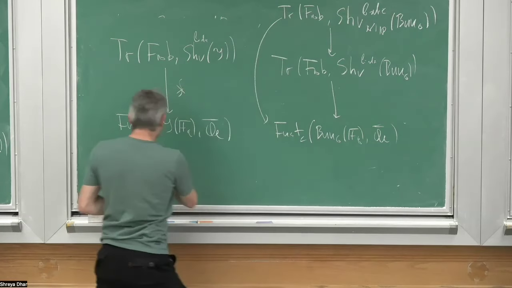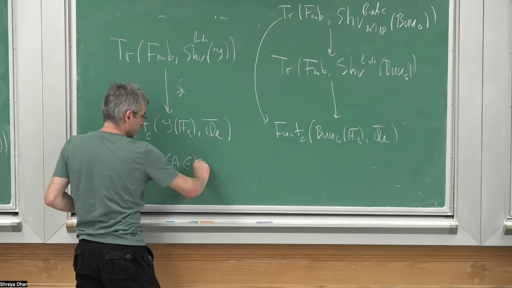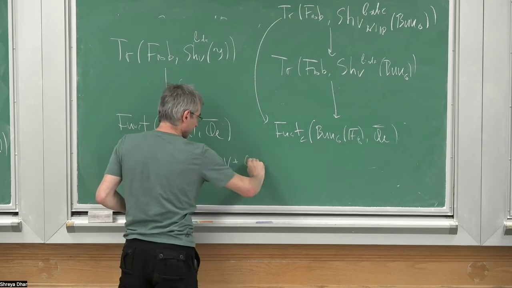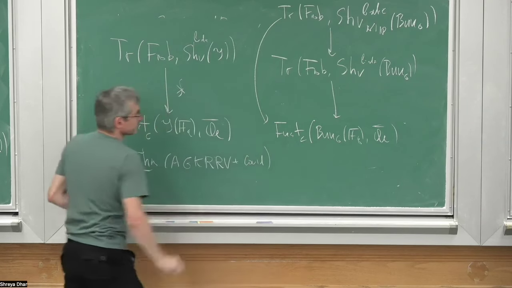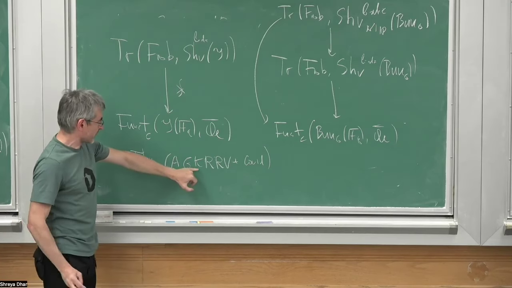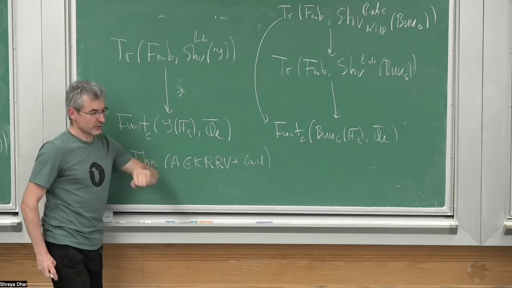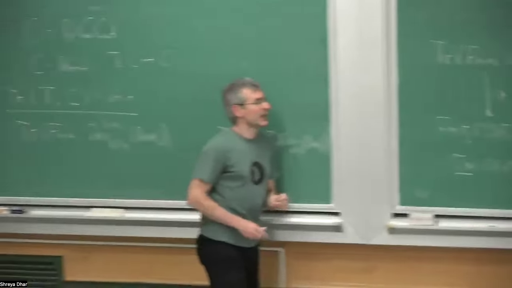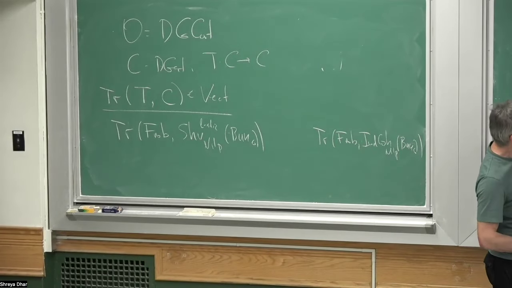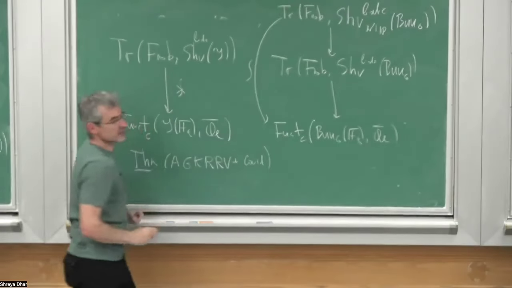Now there is a very surprising theorem. This is by Arinkin, Kazhdan, Raskin, Rozenblyum, and Varshavsky, and it's only thanks to the coronavirus that it came into existence, because we all had time to just think. So it says that this composite map is an isomorphism.